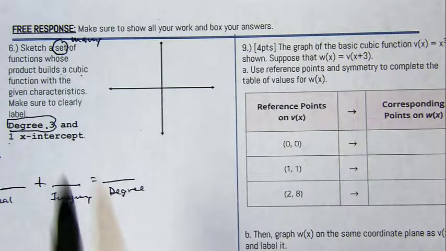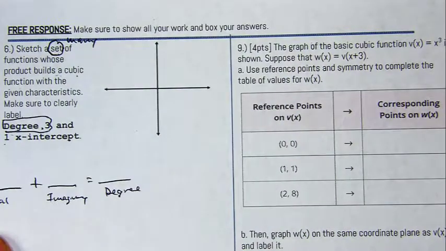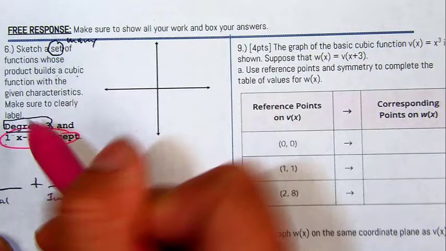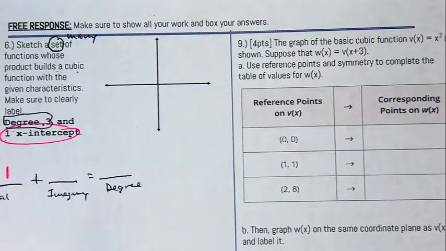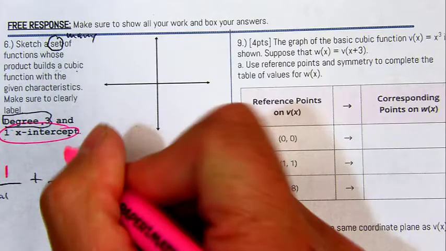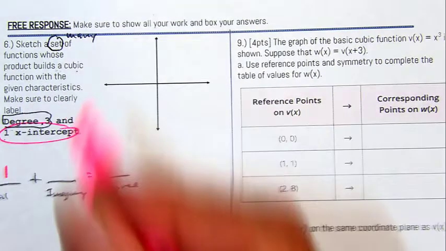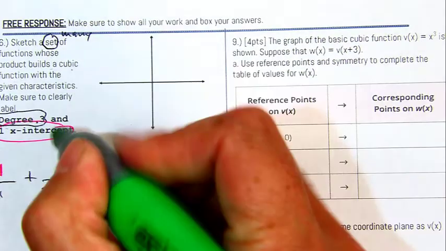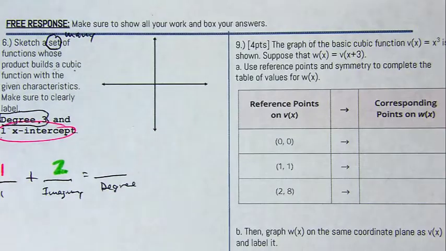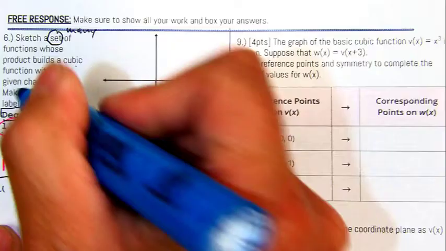So this x-intercept means you have 1 here. And then this one, let's do a different color. Imaginary means 2. It means that your degree is a 3.